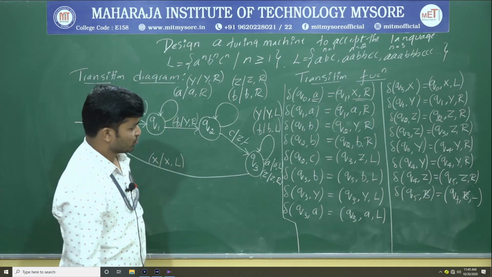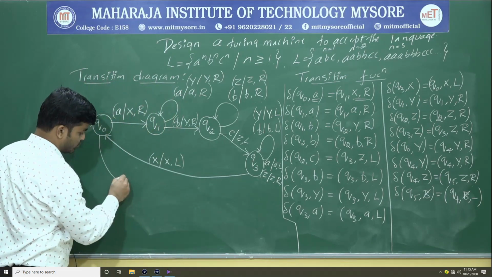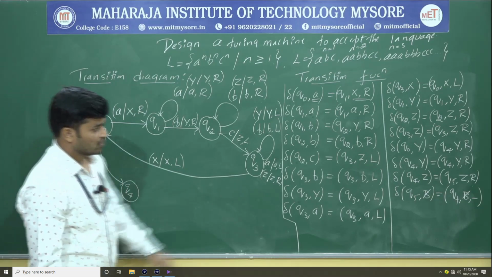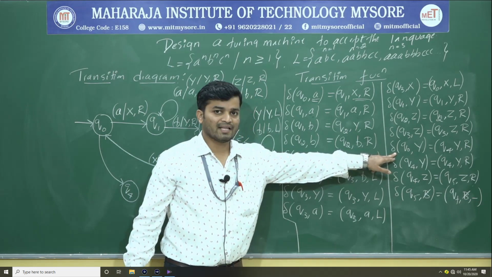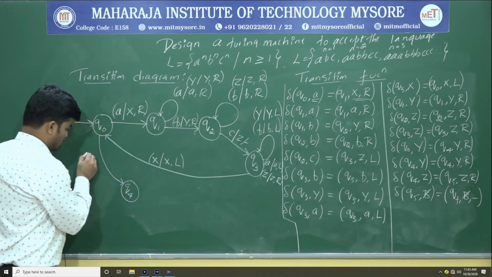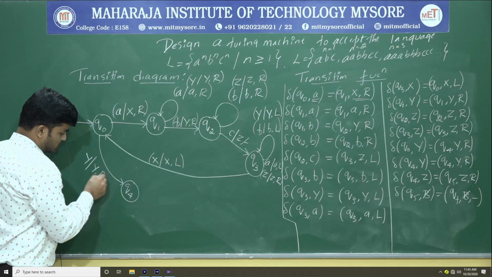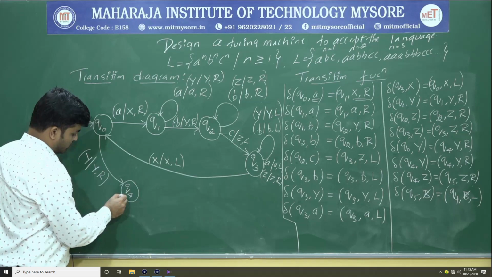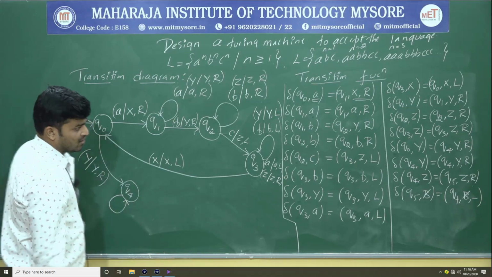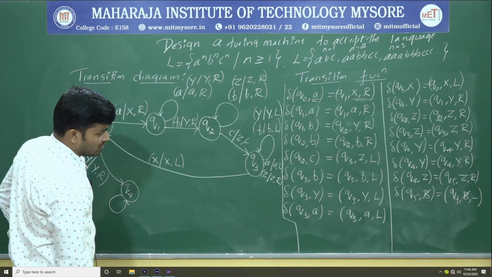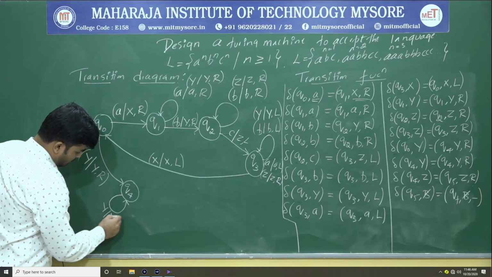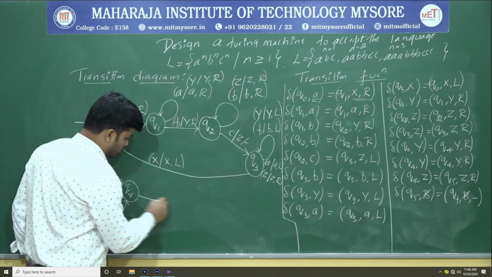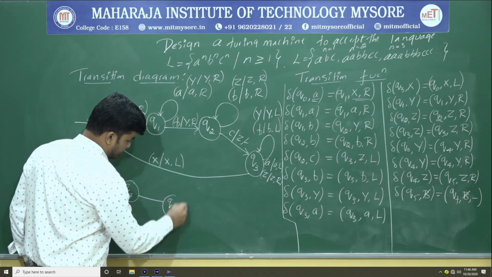Then Q0 to Q4. For Q0 to Q4 you have to take one more state, Q4. Q0 to Q4, this one, Y slash Y comma R. Next Q4 to Q4, so you have to go with a loop, Y slash Y comma R. Next Q4 to Q5, we have to take one more new state Q5.